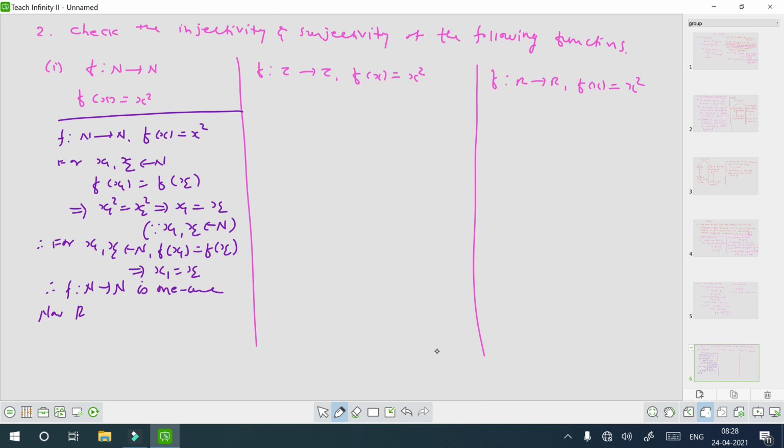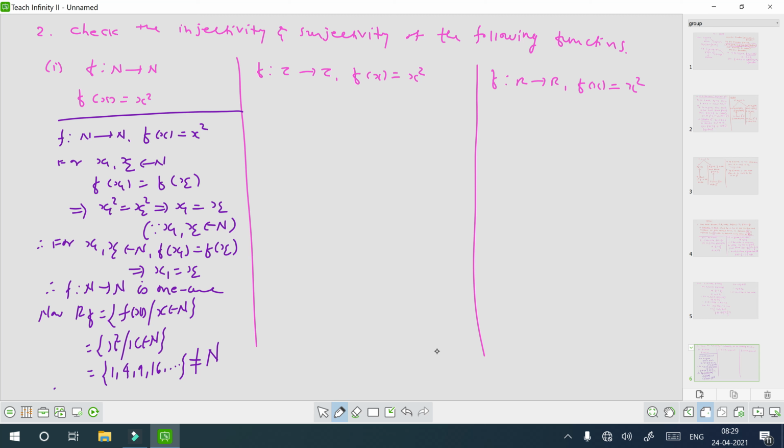Now find out the range of f, which is equal to f of x, x belongs to N, is equal to x square, x belongs to N, that is equal to 1, 4, 9, 16, and so on, which is not equal to the codomain.